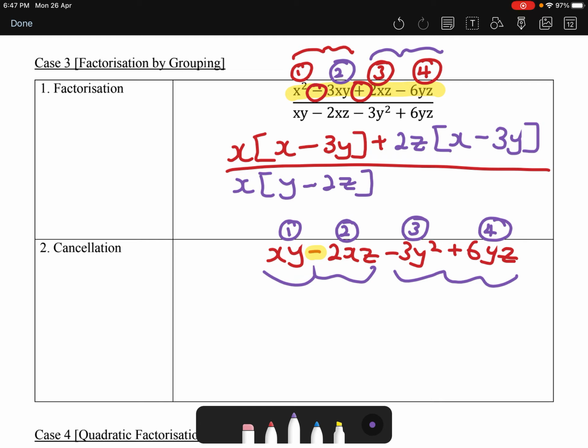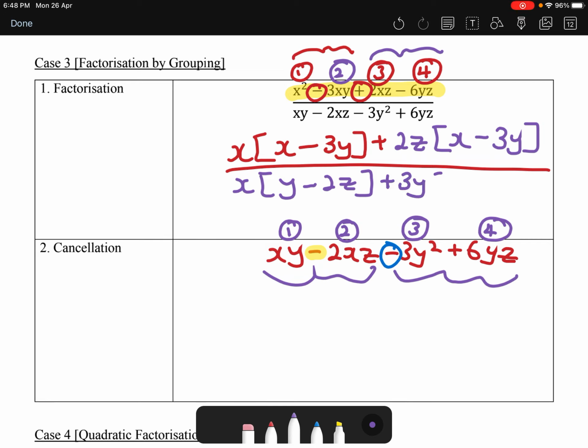Okay, so for the third and fourth term, it's a bit more difficult because we have a minus here. Whenever I have minus, maybe I just ignore the minus first. So what is the common thing between 3y squared and 6yz? It's basically just 3y, right? So I factorize out 3y, plus 3y.